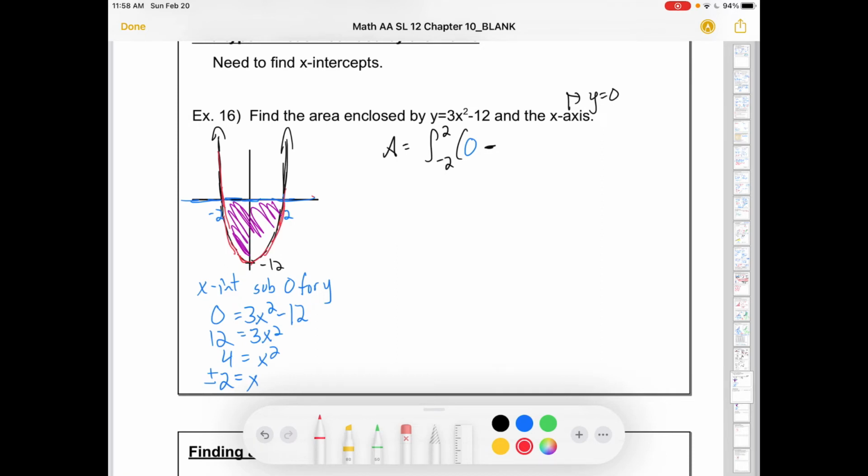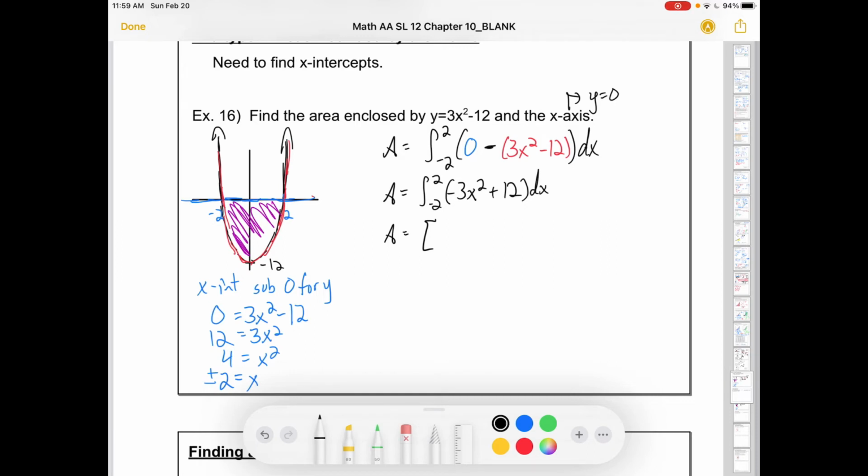If it's a parabola opening up, there's a good chance that it will be the bottom curve. 3x squared minus 12. Are there other ways you could work this through? Sure, but I like this axiomatic approach of left to right, top minus bottom. So let's work this out before anti-differentiating. We've got -3x squared plus 12 dx.